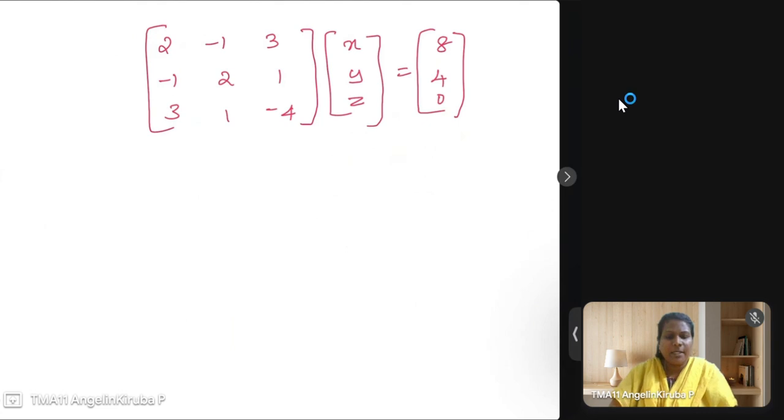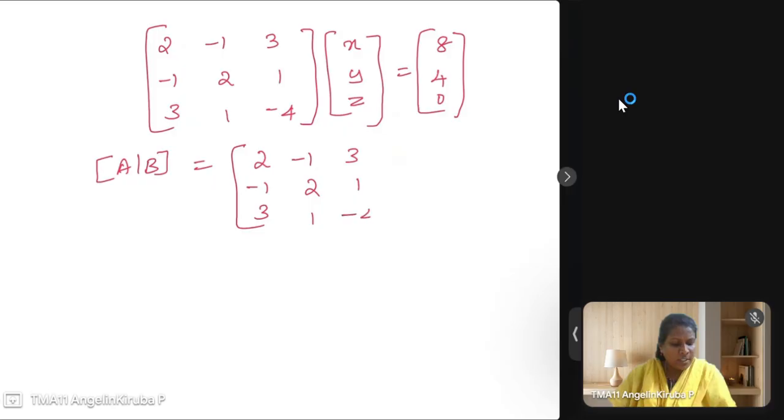So the augmented matrix is 2, minus 1, 3, minus 1, 2, 1, 3, 1, minus 4, and B is 8, 4, and 0.